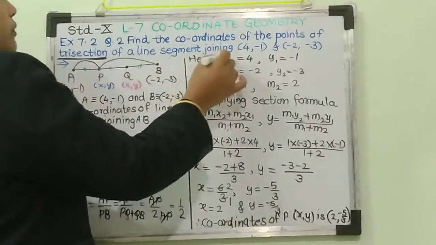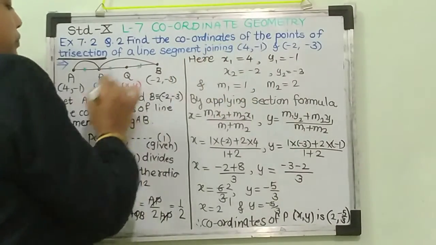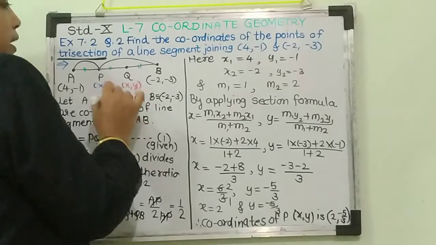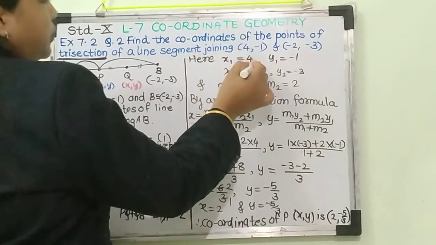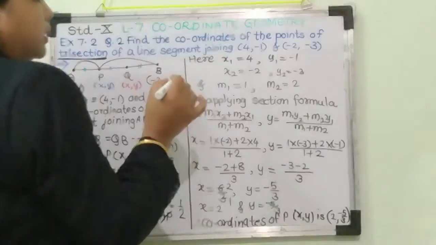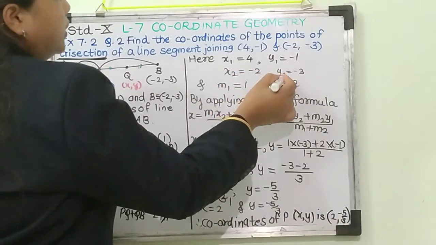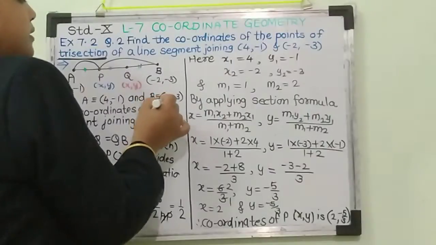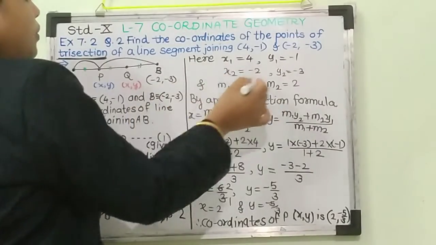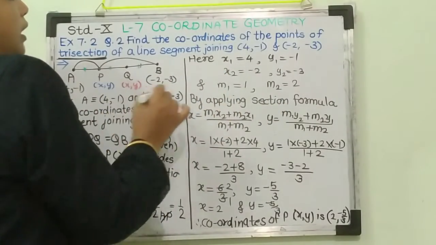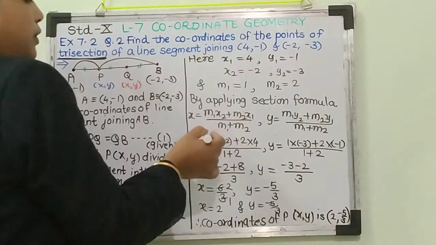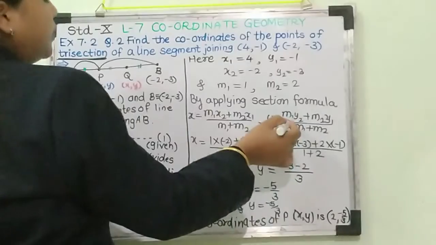Then x1, y1, that is the coordinates of A, 4 comma minus 1. So x1 is 4, y1 is equal to minus 1, x2 equals to minus 2 and y2 equals to minus 3, that is the coordinates of B. Now we have to apply the section formula. So write down the section formula.